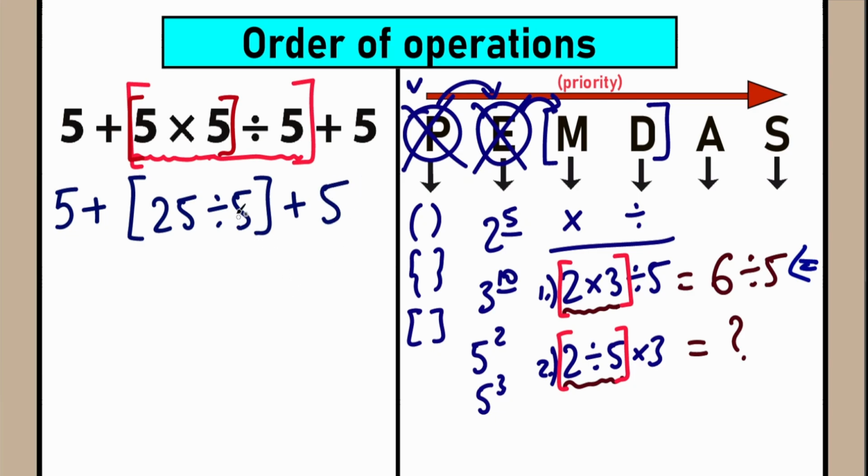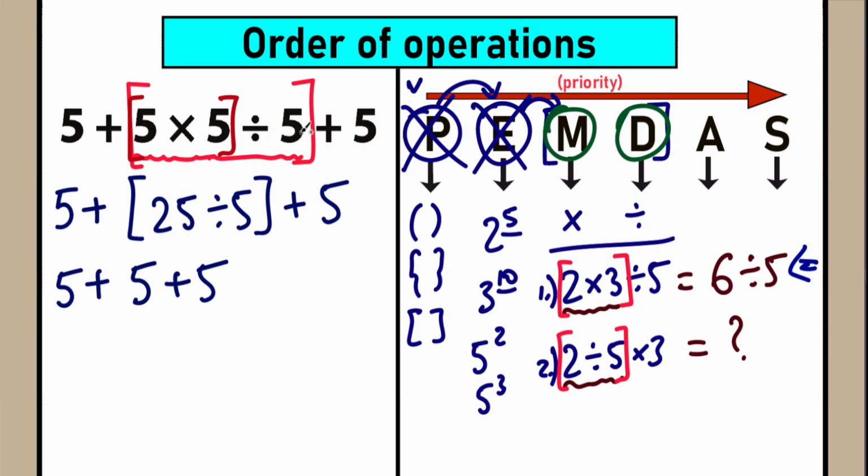Right now, if you look closely, 25 divided by 5, we need to divide it because we need to evaluate this expression in our imaginary parentheses. So we have 5 plus 25 divided by 5 equal to 5, and we have plus 5. So as you can see, we completed this multiplication and division part. Multiplication comes first from left to right, and then we have division.